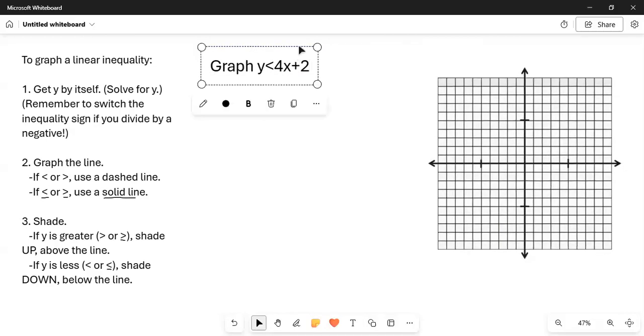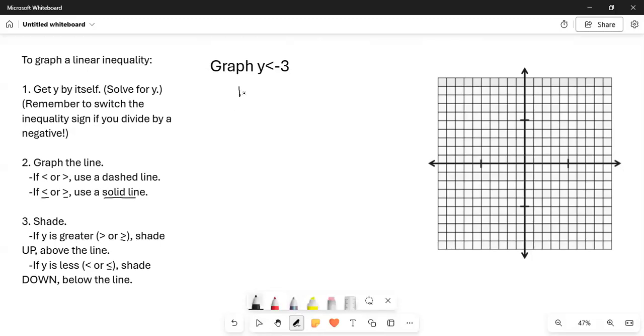Okay, next one. Say y is less than negative 3. We say, wait, there's no x's. Well, if there are no x's, this means that it's going to be a horizontal line. It's actually going to be a dashed horizontal line, and you're going to shade down because y is less than negative 3.